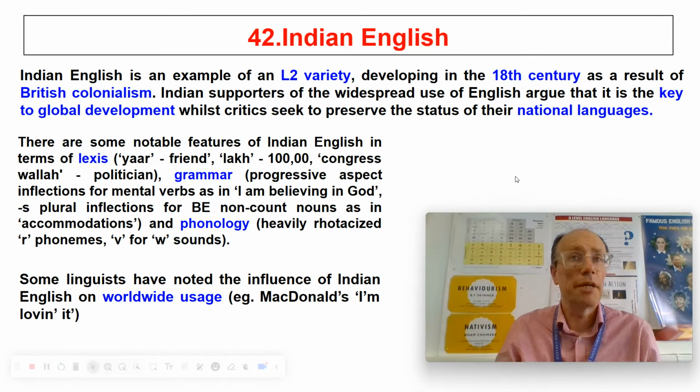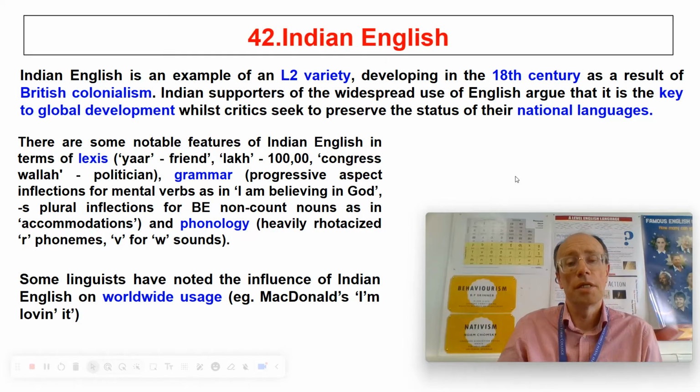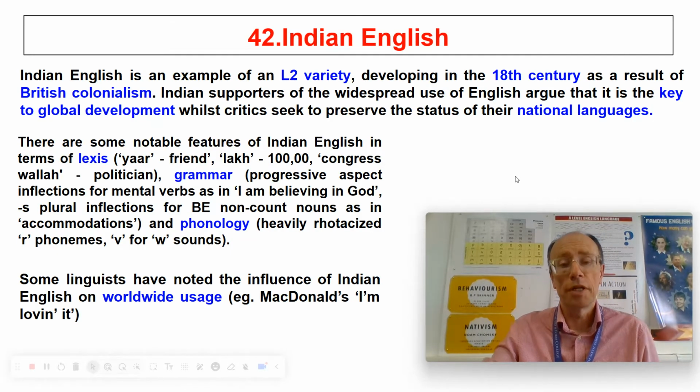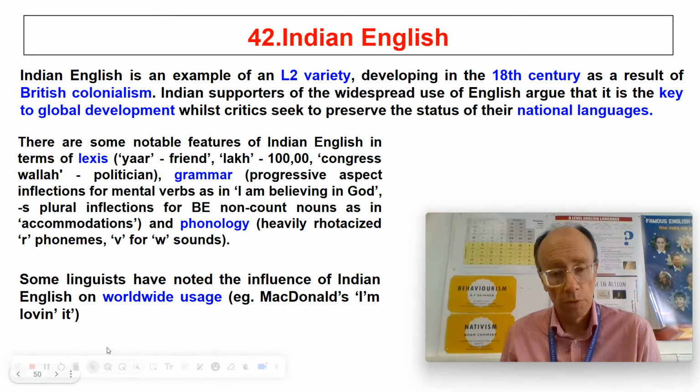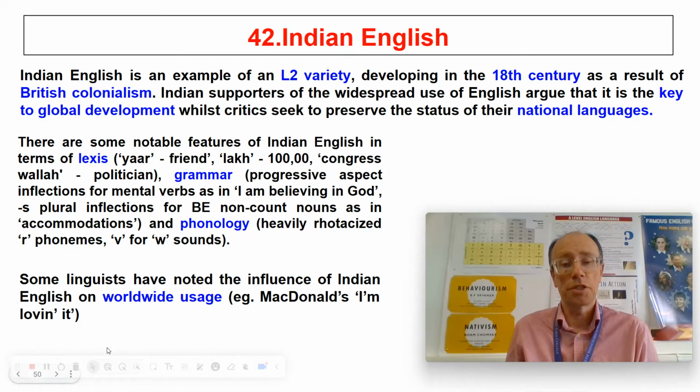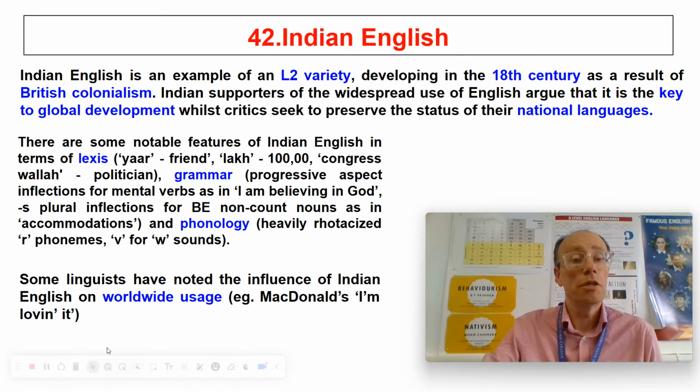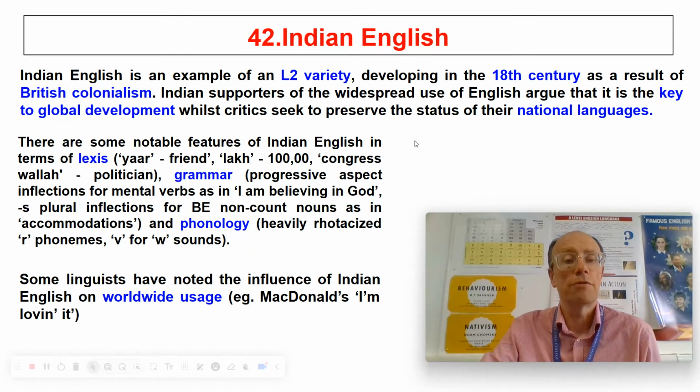The example that David Crystal gives in one of his videos is the McDonald's slogan, I'm loving it, where it's using the progressive aspect of the verb in what to us now seems like a normal way, but 20, 25 years ago when people started doing it, struck people as being unusual. So that's a good example of the worldwide influence of an L2 variety of English.